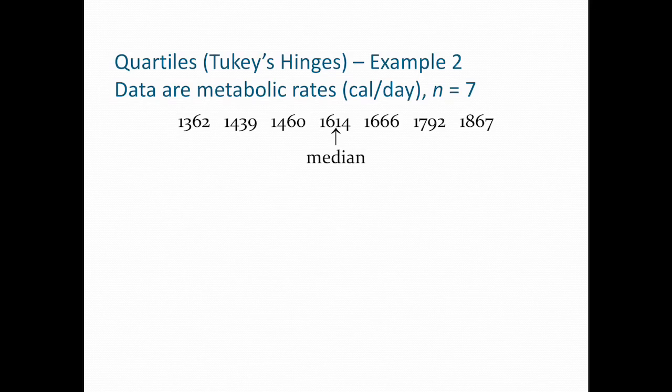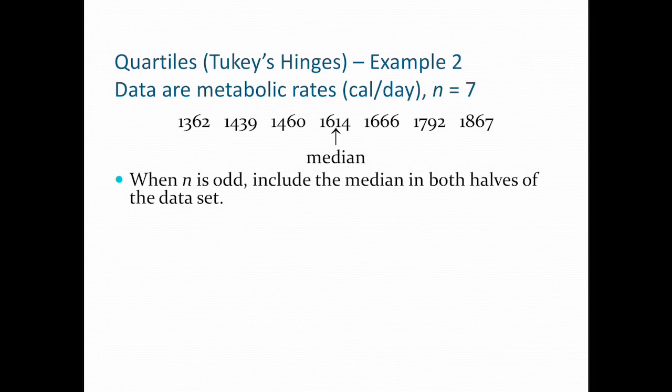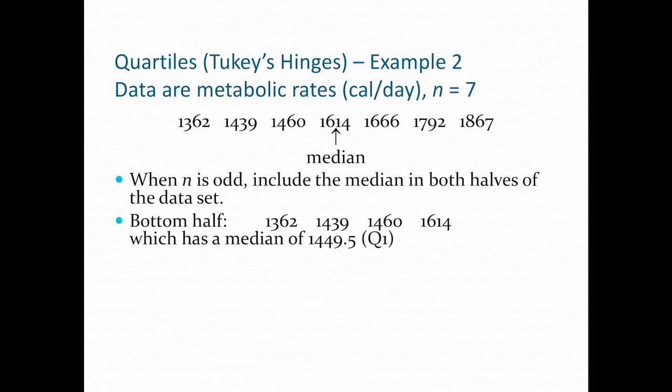Now, when we're trying to calculate our Q1 and Q3, we're going to cut the data set in half, but Tukey's hinges states that we include the medians in both halves. So we know the median is here at 1614. Since it lands on a specific number, we are going to use that median in both halves.